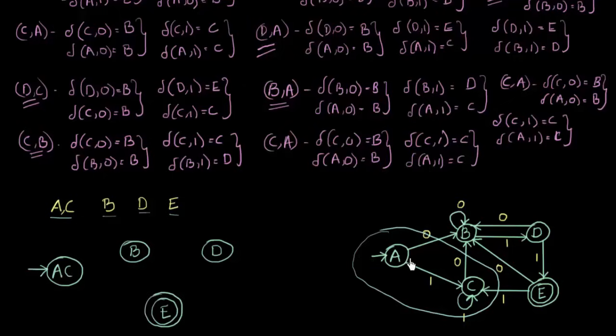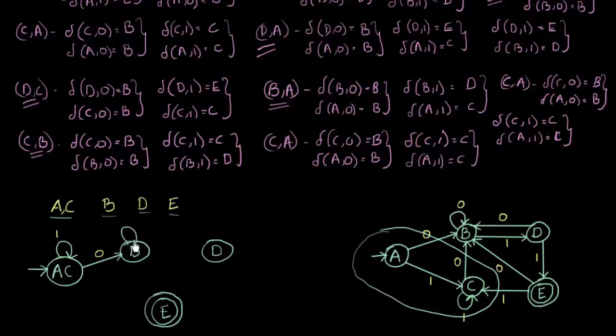We see that A and C both on input 0 go to B. So our new state AC on getting input 0 will go to B, and on getting input 1, A is going to C and C is also going to C. That means on getting input 1, AC will stay in itself. Okay, so that is a transition, and then the rest of them will remain the same.